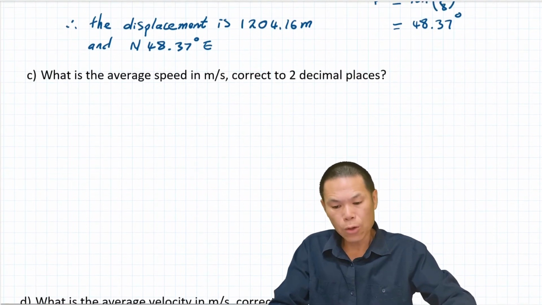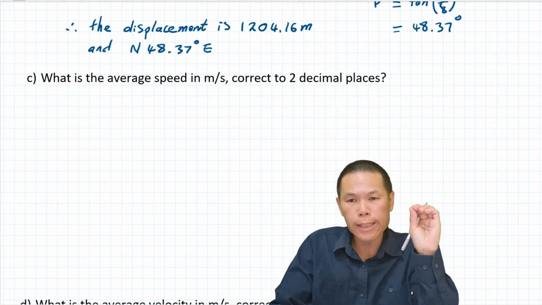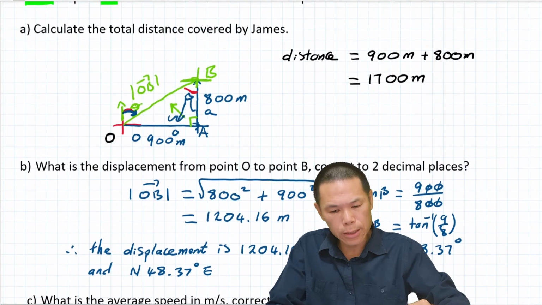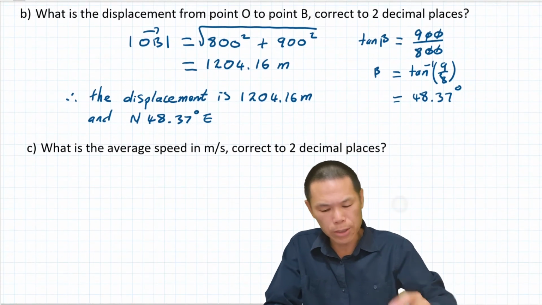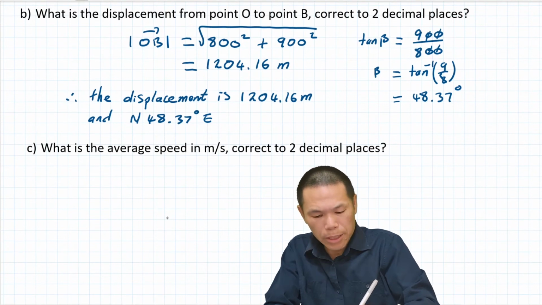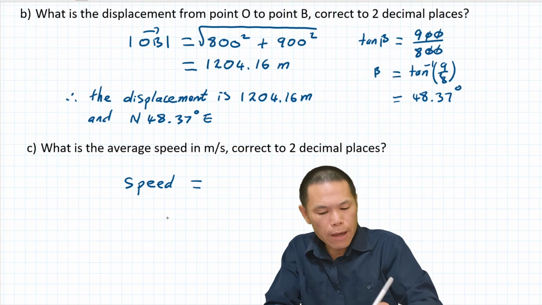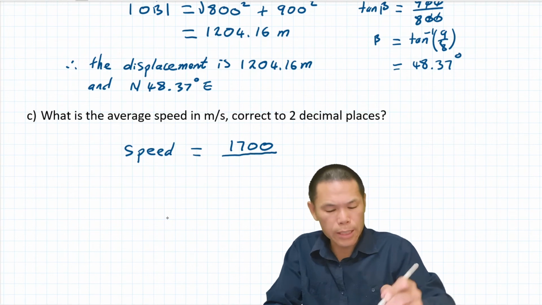Part C. What is the average speed? Average speed is the total distance covered over the time. The total distance covered is 1,700 meters, over the time taken.